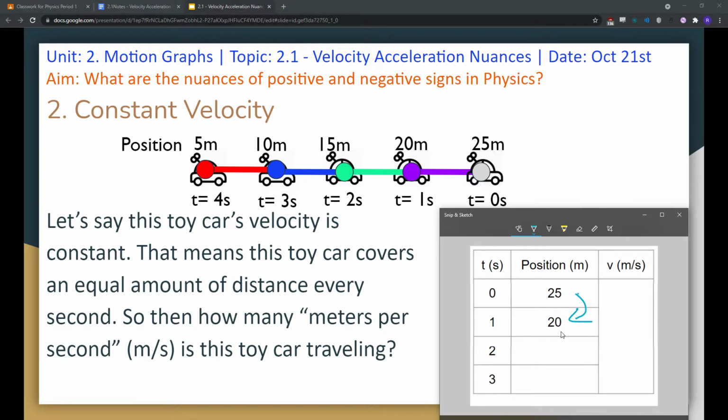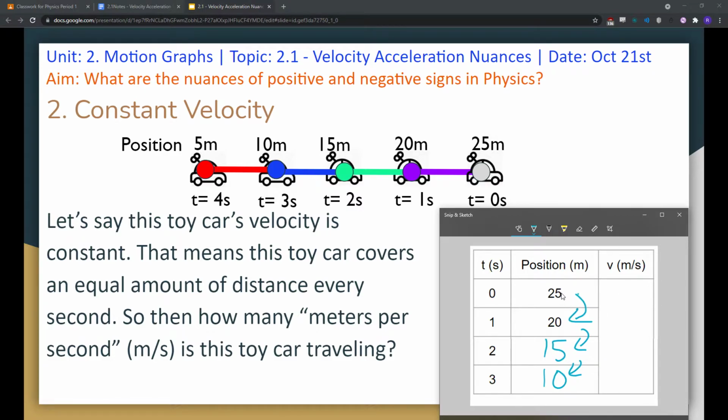Well, we're going from right to left now, because the time is equal to 0 on the right hand side. At a time of 2 seconds, we're at 15 meters. At 3 seconds, we're at 10 meters. So what's my velocity? How many meters am I traveling every second? Well, you see your position decreasing.